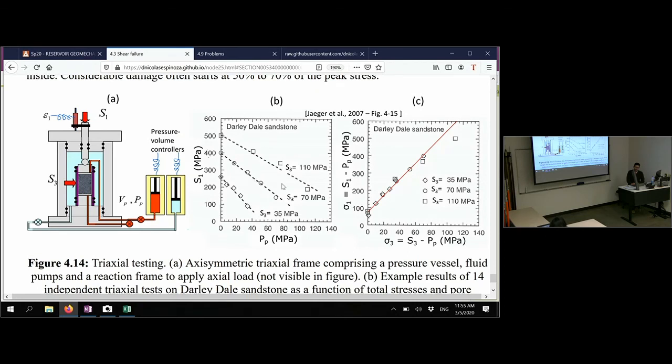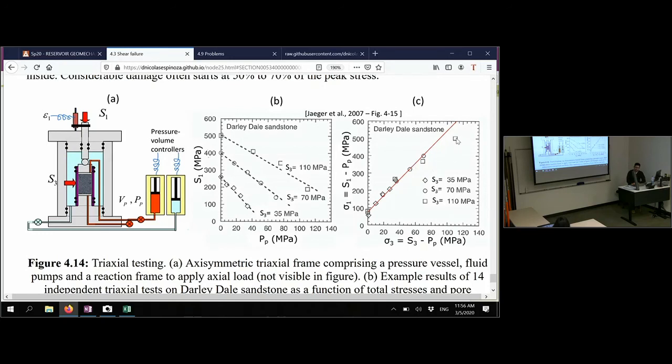And you see that those three lines have three separate trends. And that's because they are not converted to effective stress. Once you convert all this data to effective stress, all this data nicely lines up into one main trend, even though they correspond to different pore pressure.